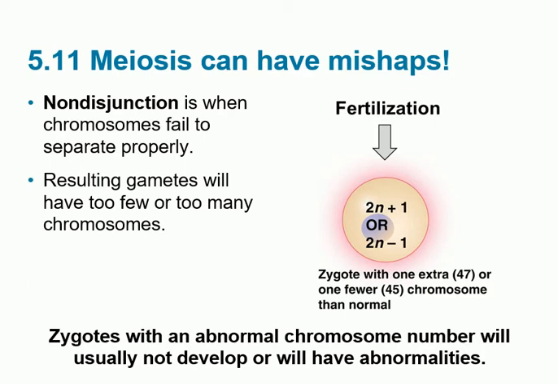So if that's the case, one of them will have an extra and the other one will have less. So instead of 23 from the mom and 23 from the dad, it's actually 24 from the mom or the dad and 23. So the total is 47. What would happen to the baby?